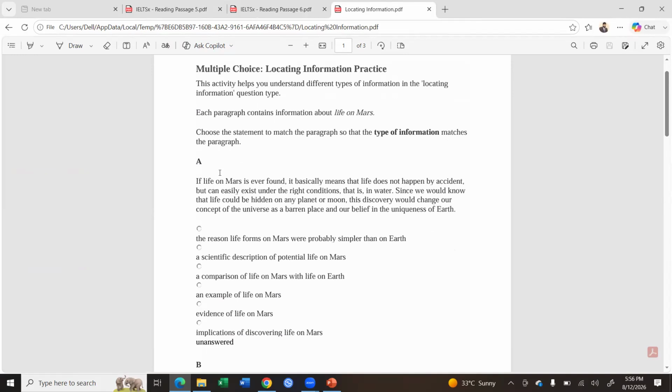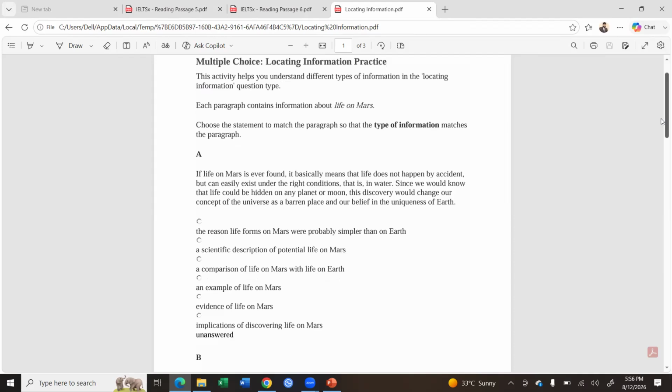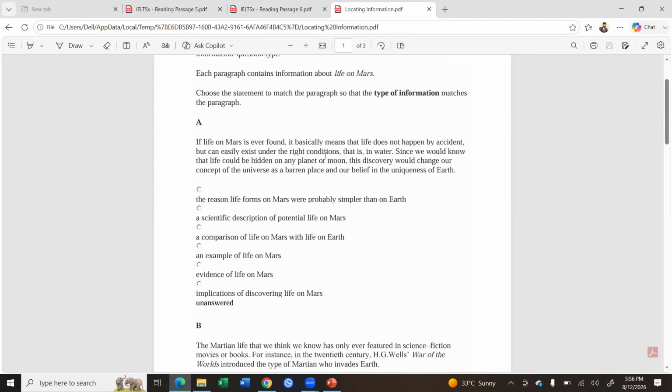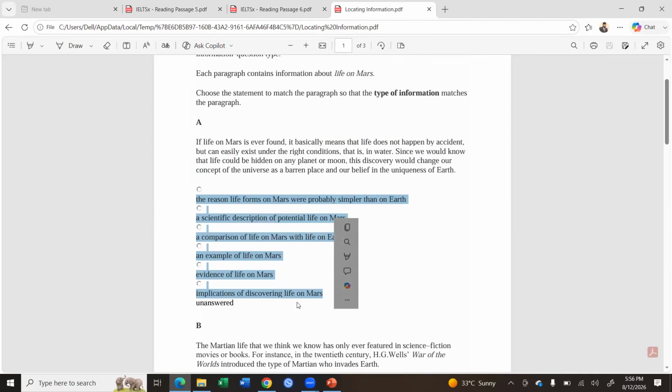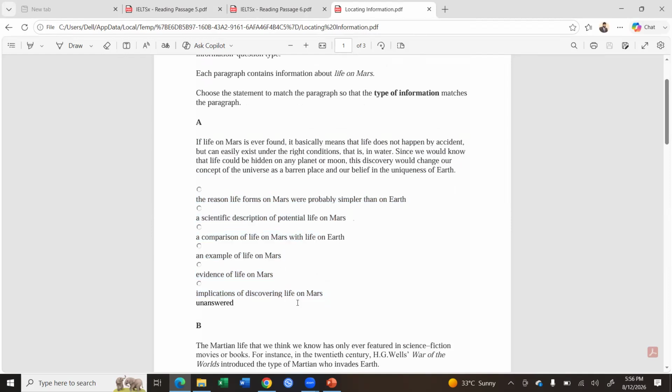Now, this is paragraph A, right? And here are these options. Now, you have 1 minute to read the passage from here to here, and then select an option from here to here, okay? Is it clear? So you have 1 minute to do it. Okay.